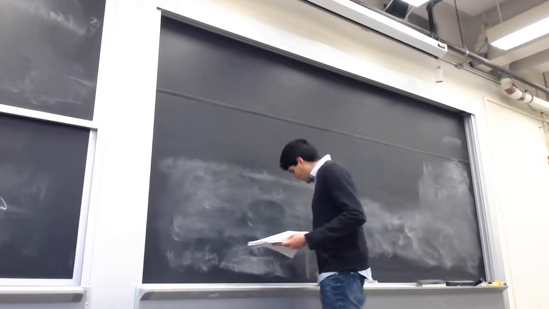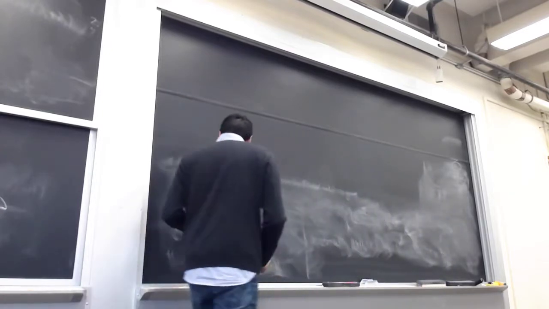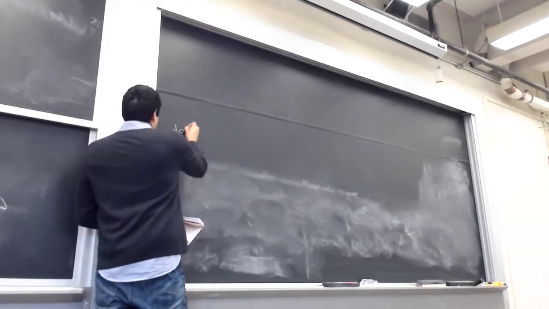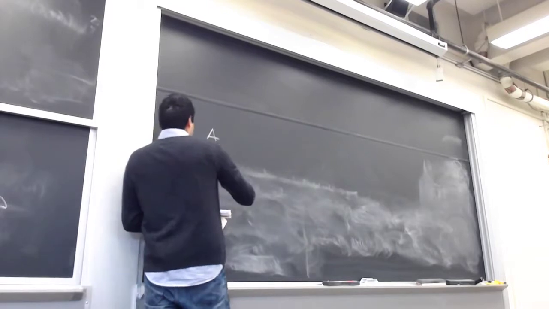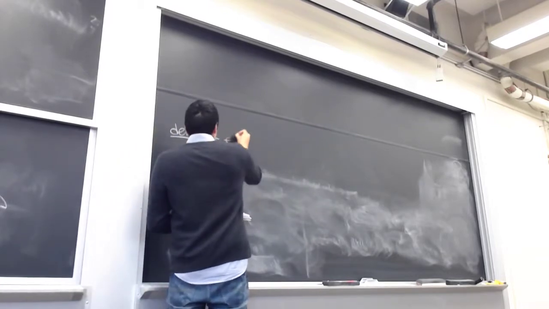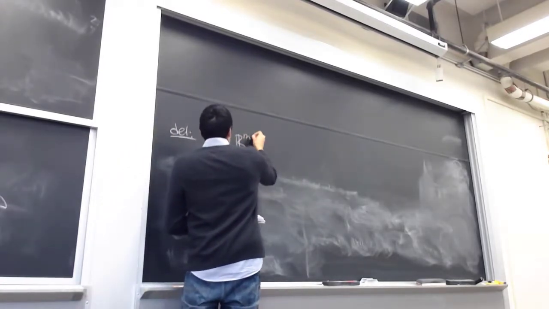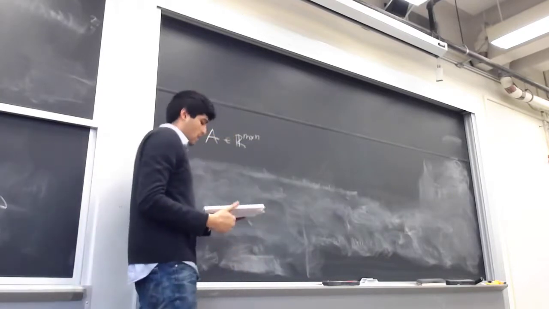All right, so this is the key definition that we're going to be using. We're going to work with some matrix A, which will always be m by n.